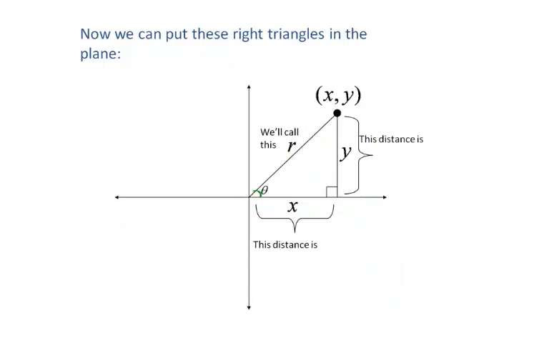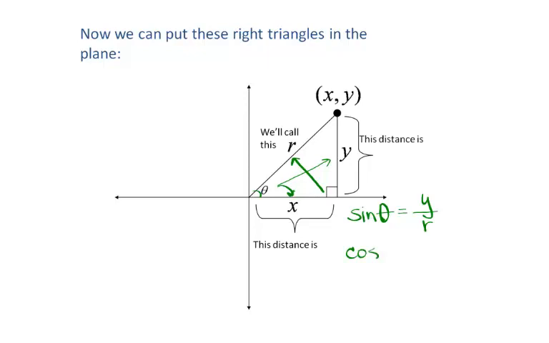Here's my angle theta. This is the adjacent side to theta. This is the opposite side to theta. And there is your hypotenuse. So in terms of X, Y, and R, if I ask you to write the sine of theta, what would you get? Remember, sine is opposite over hypotenuse. The opposite side in the plane is y. The hypotenuse is r.